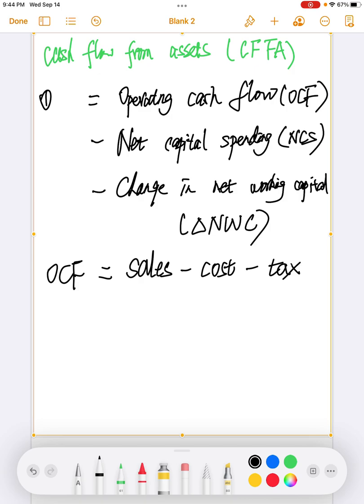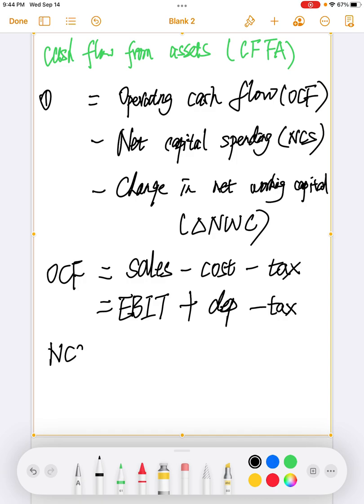This also equals earnings before interest and tax plus depreciation minus tax. You can use either of these formulas to calculate operating cash flow. These numbers are available on the firm's financial statements, but sometimes you might need to calculate some of the items if you are only provided with some numbers.